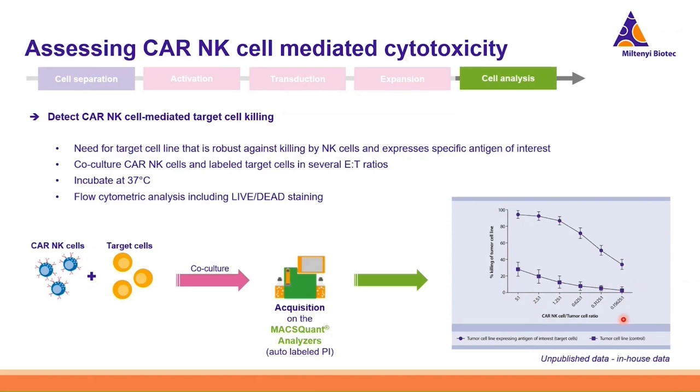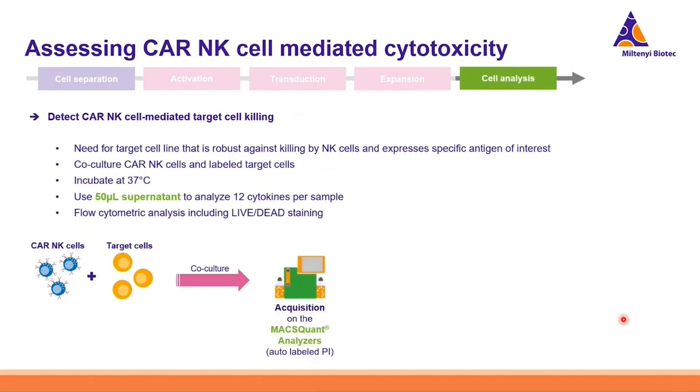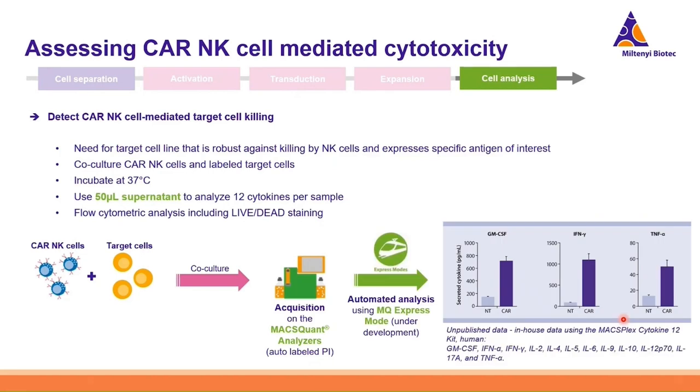And in addition to this, the analysis of cytokines is also possible, where up to 12 cytokines can be analyzed within one sample of supernatant, and only 50 microliters of supernatant are required for this. In combination with the MACSQuant, this can be analyzed.